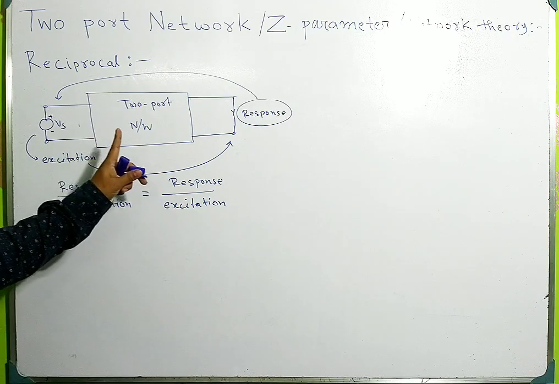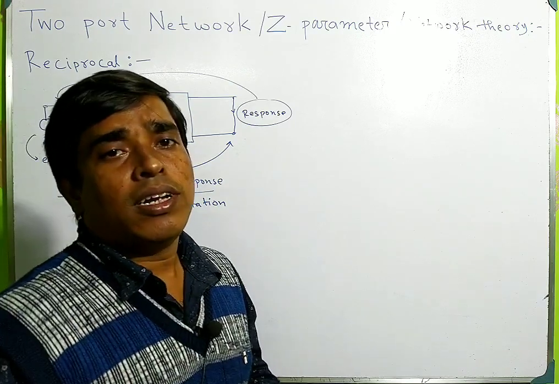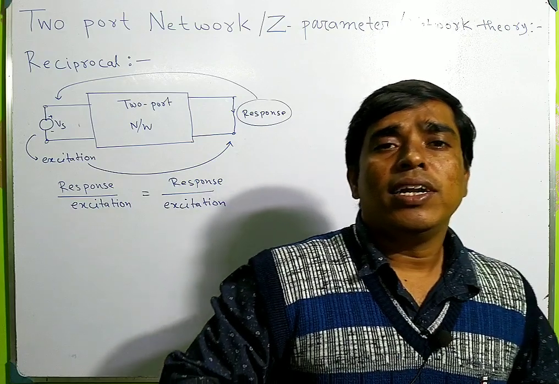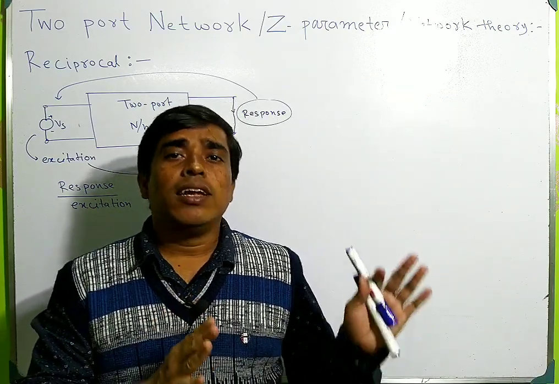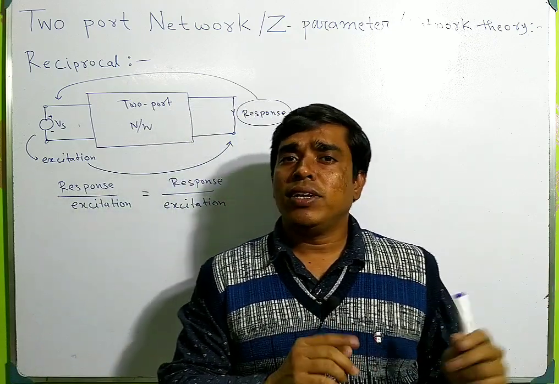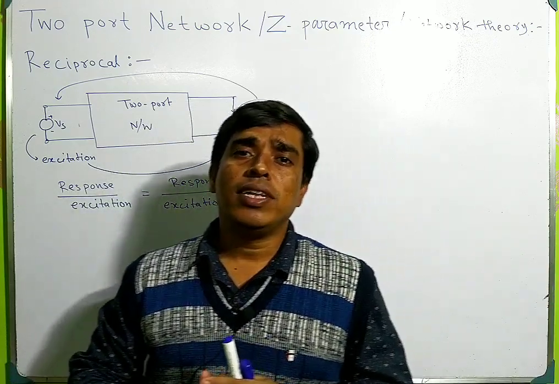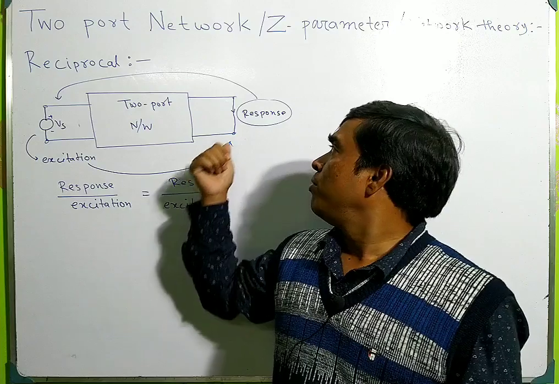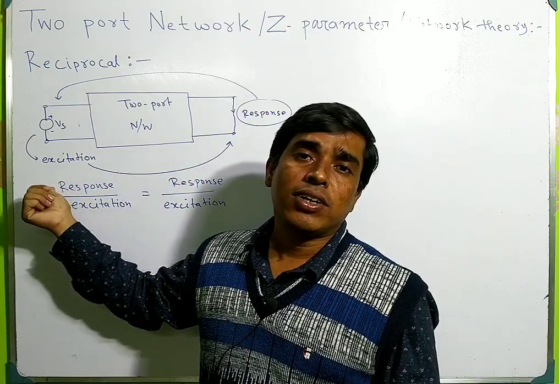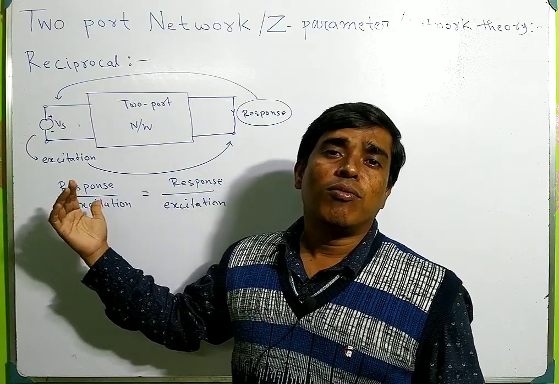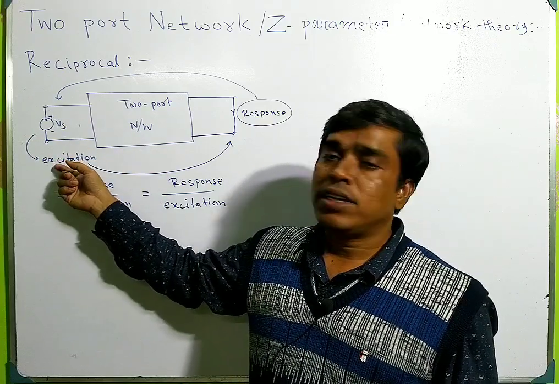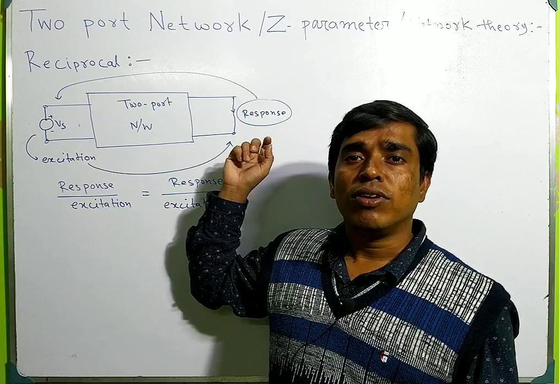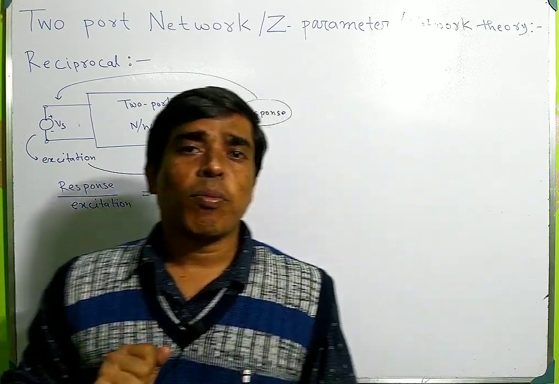Then this type of network will be reciprocal. So a network is said to be reciprocal if the ratio of response to excitation is the same for interchanging the position of excitation and response of a network.